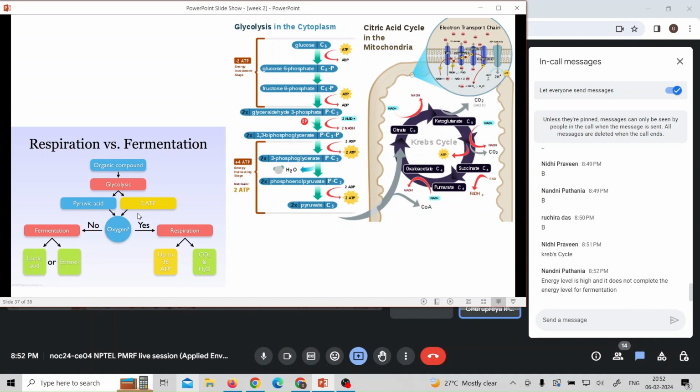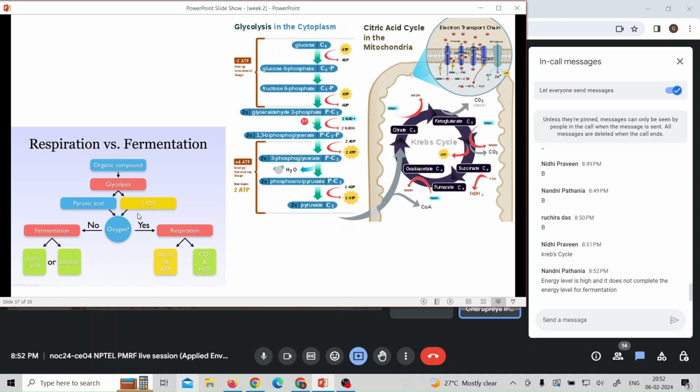So again, after the glycolysis has happened, if it happens in an oxygen rich environment, it's going to be respiration, and it will go into the Krebs cycle and the electron transport chain. If there is no oxygen, there is going to be fermentation, and you produce either lactic acid or ethanol, or many other products that come from fermentation.